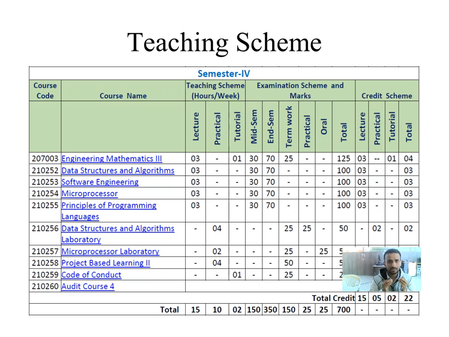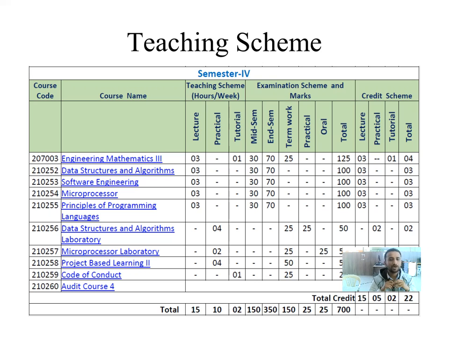But now, according to this new 2019 pattern, we have a 30 marks mid-sem examination and a 70 marks end-sem examination. So the total weightage for this subject is 100 marks.